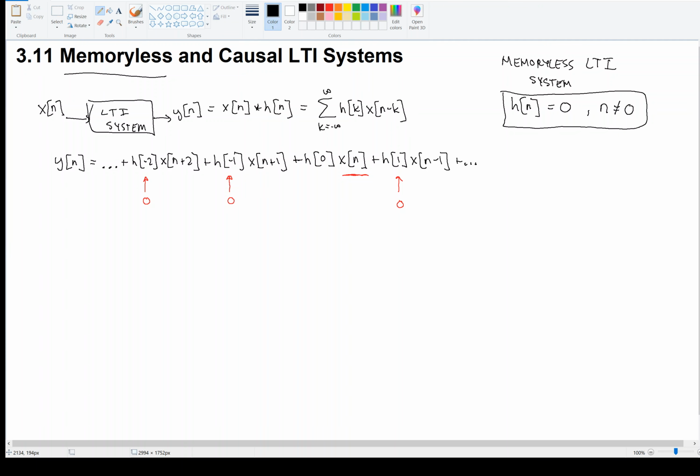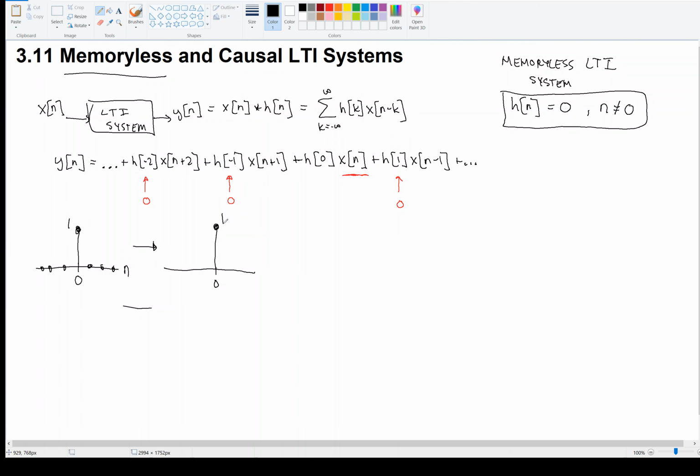All right, so what does that mean? Well, remember, that means that if I put an impulse into the system, I get out something. What I'm telling you is that if the system is memoryless, then I have to get out something that is 0 for all n not equal to 0. That is, I get out a scaled impulse.